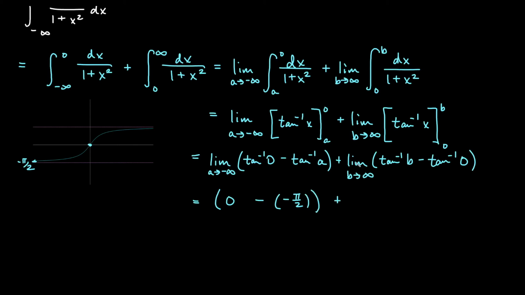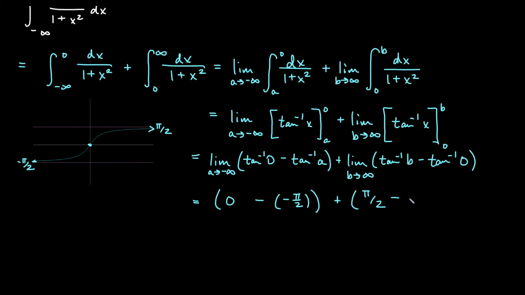And then our second limit, so we have limit as b approaches infinity, inverse tangent of b. So as we go to the right forever on this graph, what y value are we getting close to? The answer is positive pi over 2. So this first limit here is positive pi over 2. The limit as b approaches infinity does not affect the second term because there's no b.